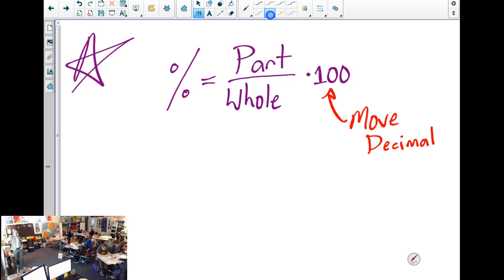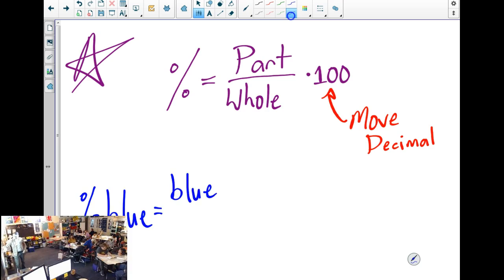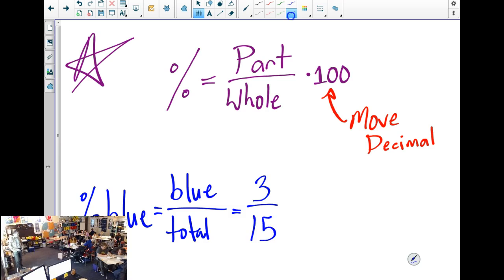So if we're trying to figure out what percent we have of blue, we want to put how much blue we have over our total. Well, how much blue did we use? 3. What was our total? 15. Now hold up. Work backwards before you work forwards.